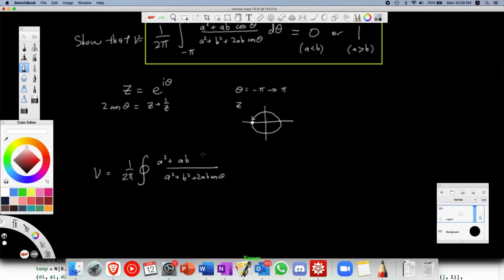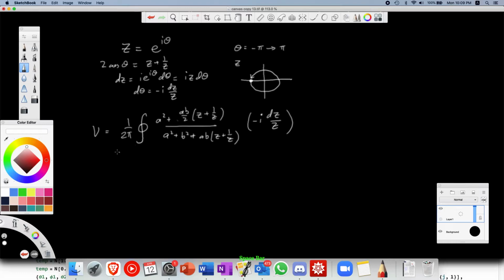So we can replace the numerator with a squared plus ab over 2 times (z plus 1 over z), and the denominator with a squared plus b squared plus ab times (z plus 1 over z). And what is dz? dz equals i e to the power of i theta d theta, which equals iz d theta. So d theta equals minus i dz over z.